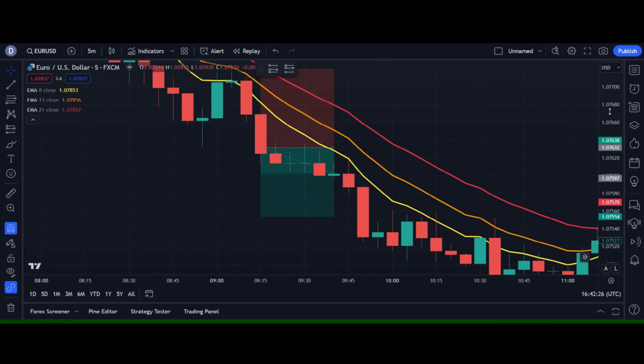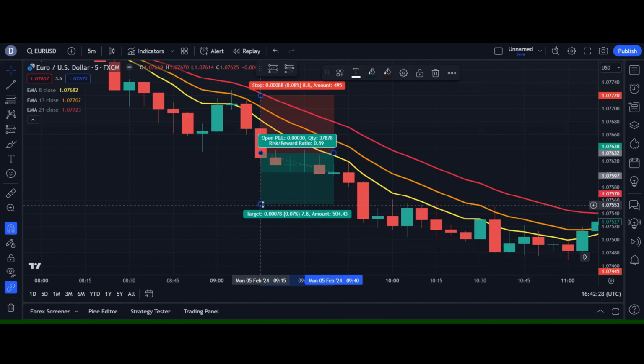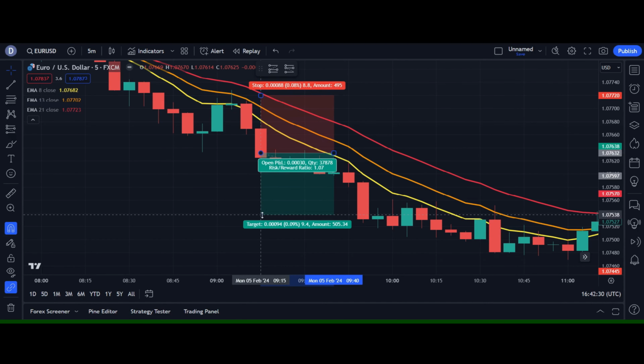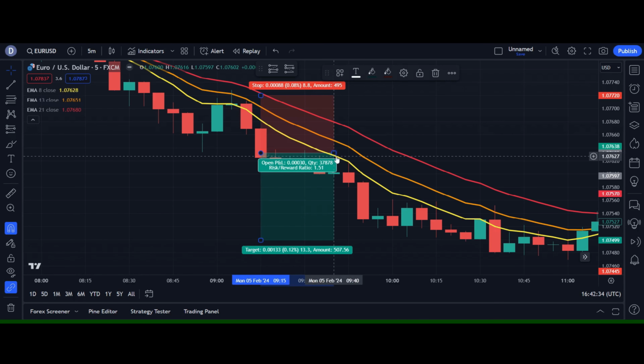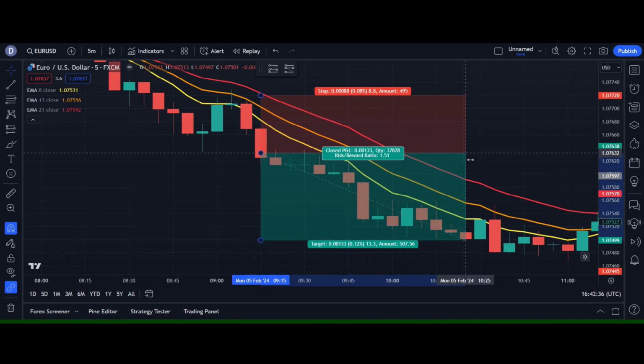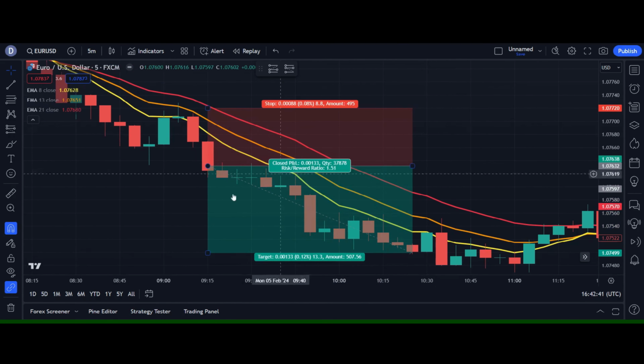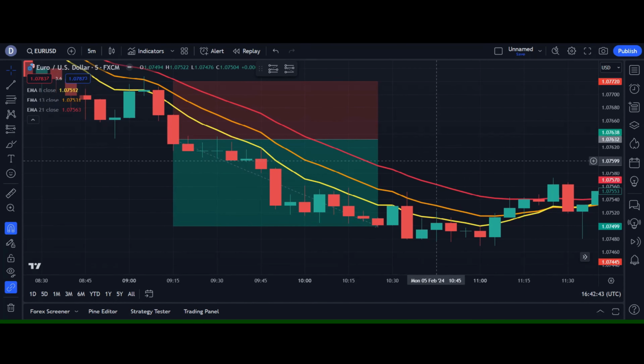Subsequently, we will set our take profit at a ratio of 1-to-1.5, meaning we will risk 1% of the account value for a potential gain of 1.5% in the event the trade is successful. It's important to mention that when the price reaches approximately a 1-to-1 level, we will set our stop loss to break even. That's all about the strategy.